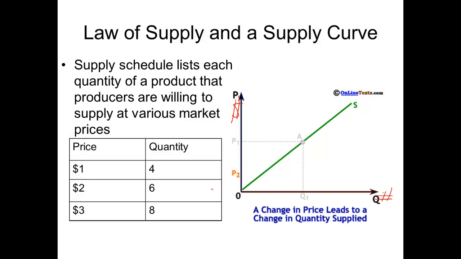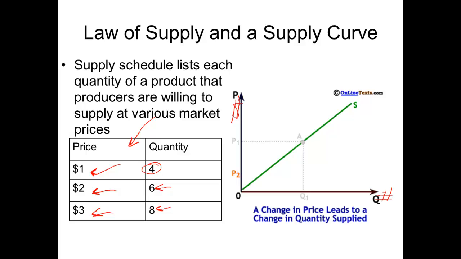If you look at this little supply schedule right here, the law of supply states that if a certain good is $1, there's going to be 4 provided. But as the price of that good goes up, the quantity provided goes up as well. That is the basic law of supply rule: as something gets more expensive, there will be more supplied.